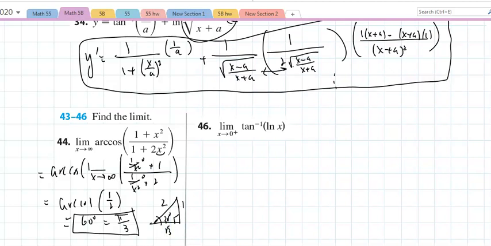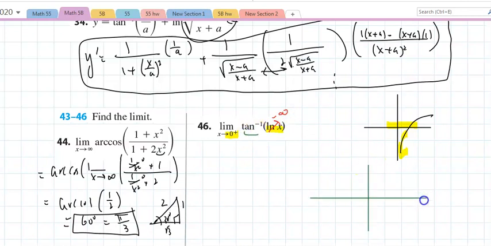Alright, and if I want to take the limit of the inverse tangent of natural log, let me start with natural log. How does that graph look? And as t approaches 0 from the right, that approaches negative infinity. Now I'm looking at an inverse tangent graph.